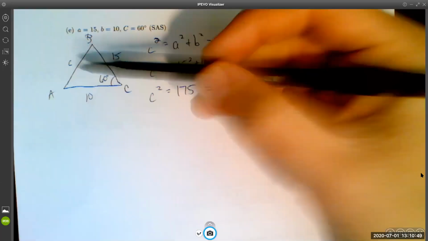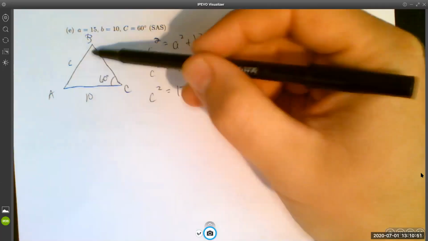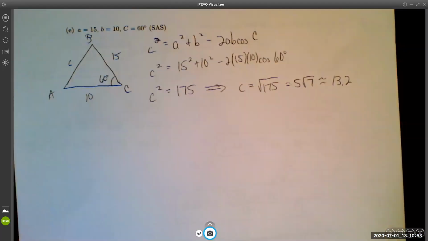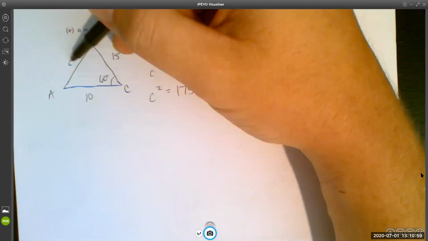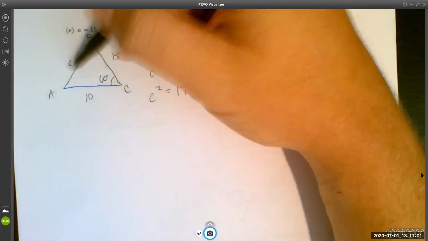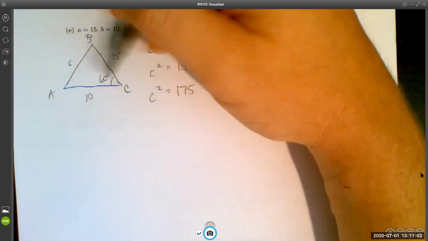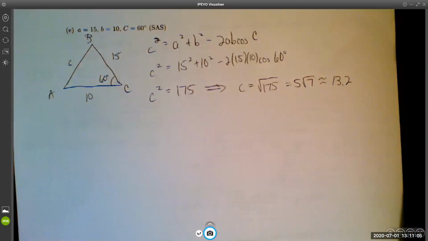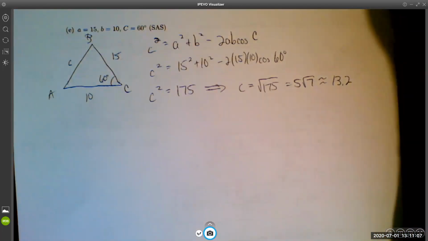Now what we need to do is find these other two angles. To find these other two angles, you could again use law of cosines, or you could use law of sines at this point. Since you have an angle and a side opposite of it, you can use law of sines to get the others. And I think law of sines is a little bit easier to use personally, so that's what I'm going to do.